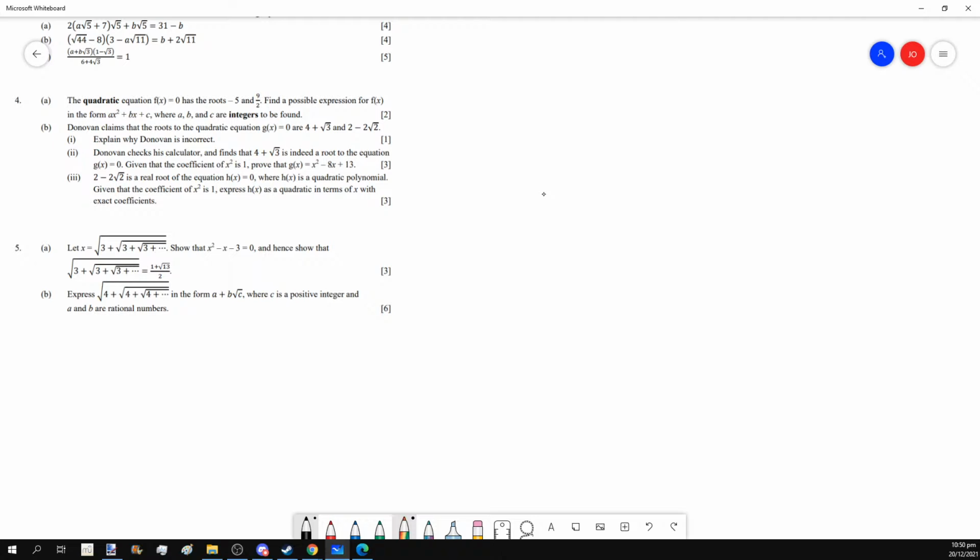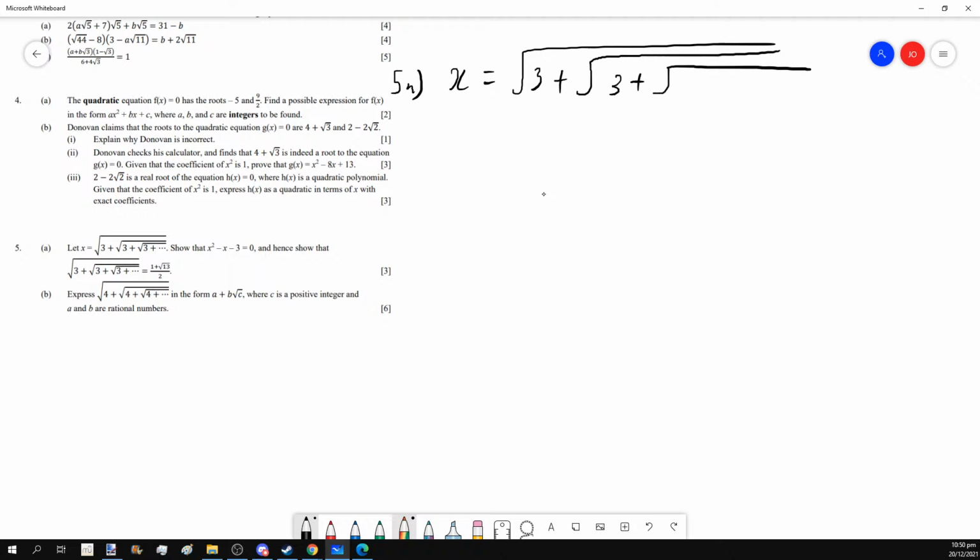So what we're going to do is follow this question. 5 part A tells us let x equal to the square root of 3 plus the square root of 3 plus the square root of 3 plus the square root of 3 plus the square root of 3, so on and so forth. Once you have this, the question says show that x squared minus x minus 3 equals 0. Actually there's already a hint in the question. They're holding your hand.